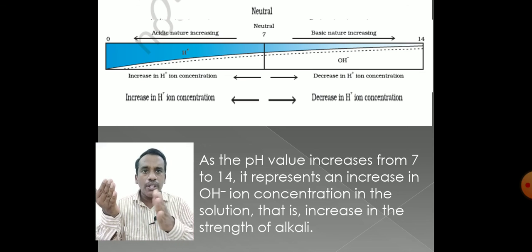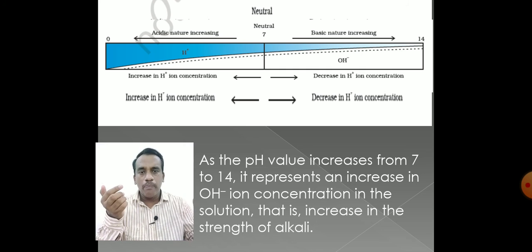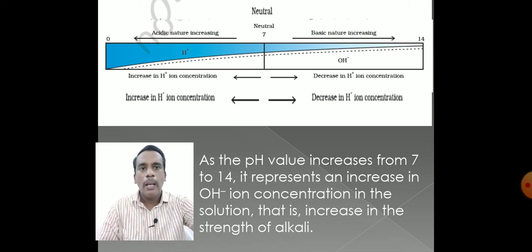When you come nearer to 7 from 0, the H plus ions are decreasing, so they are weak acids. From 7.1 to 14, the OH minus ion concentration is increasing. When you go to 14, the compounds are said to be more basic. So this is what we call the pH scale.